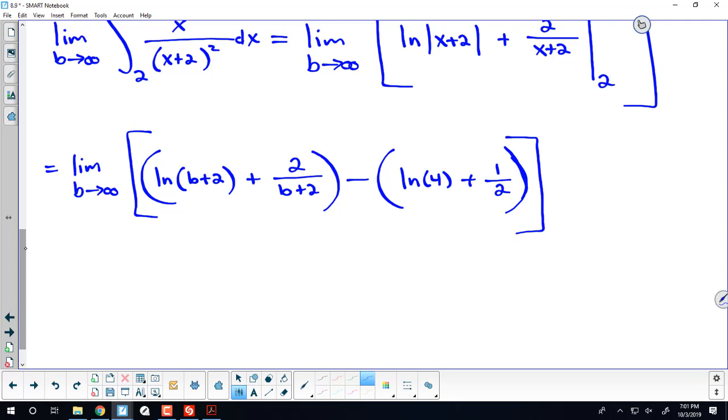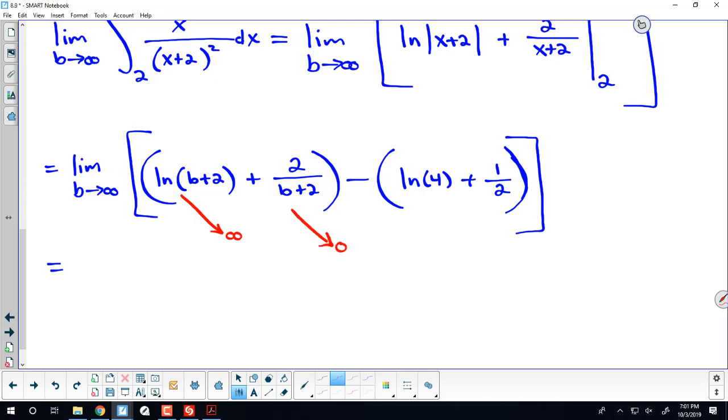So then we apply the limit as b approaches infinity. First two terms: what's the limit as b approaches infinity for ln of b plus 2? Ln of infinity, right? That's infinity. So really you don't need to do anything else. As b approaches infinity, 2 over b plus 2 approaches 0.